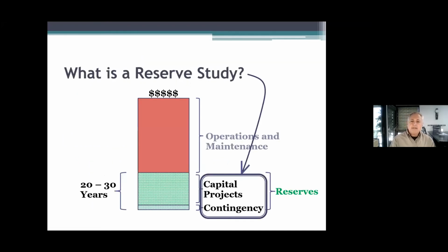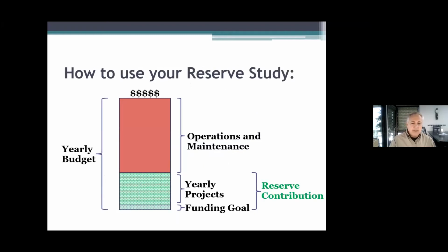So if we go back to a reserve study being capital projects and a contingency, what that really means, just rewording that a little bit, is that the contingency is that funding goal.